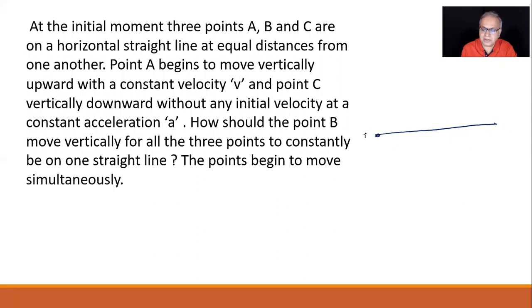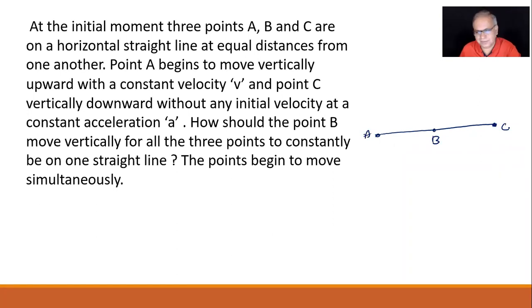A in the middle, B here, C. Point A begins to move vertically upward with a constant velocity V, and point C vertically downward without any initial velocity, but at a constant acceleration A. You understood what it means? How should the point B move vertically for all the 3 points to constantly be on a straight line, if the points begin to move simultaneously?